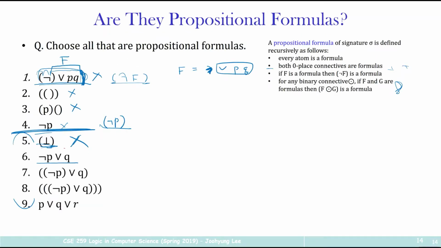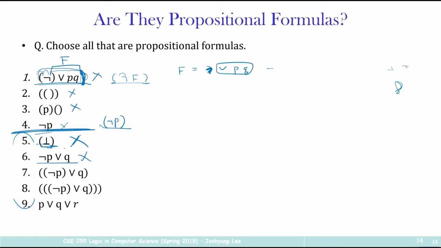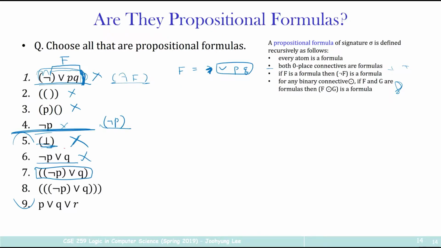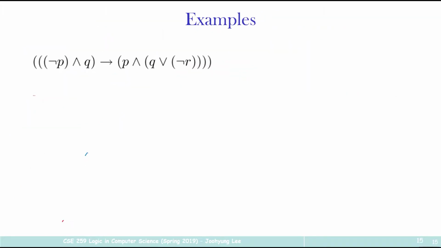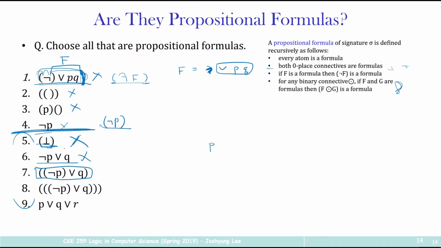What about 7? 7 is actually a formula. Why? Because we can actually apply the rule. P is a formula, right? And Q is a formula, right?